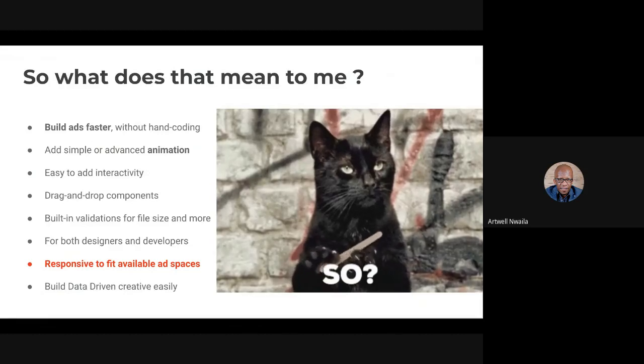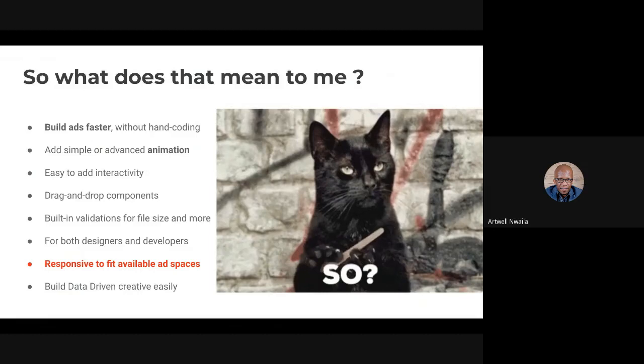It's for both designers and developers, so you can use code or you can use design, but you can still come out with the same outcomes. You can build responsive assets to many spaces, and you can build data-driven creative.